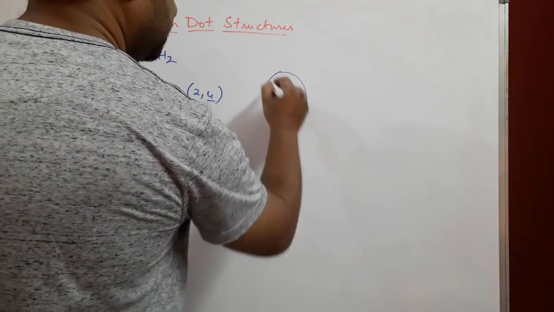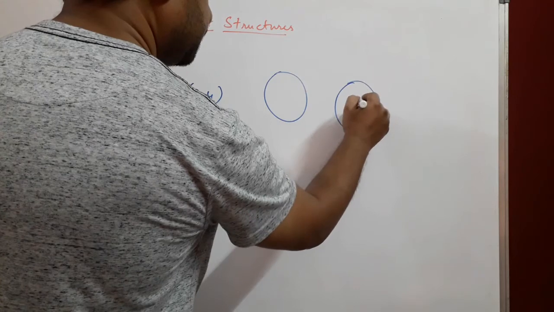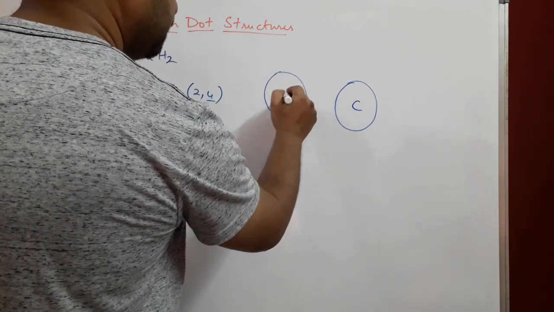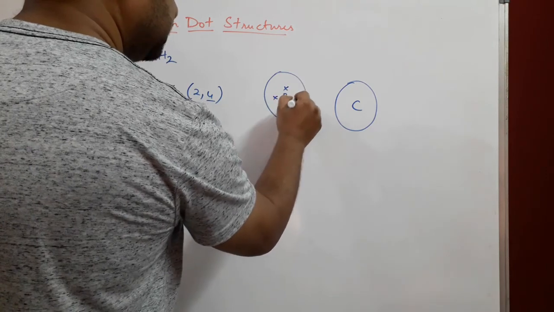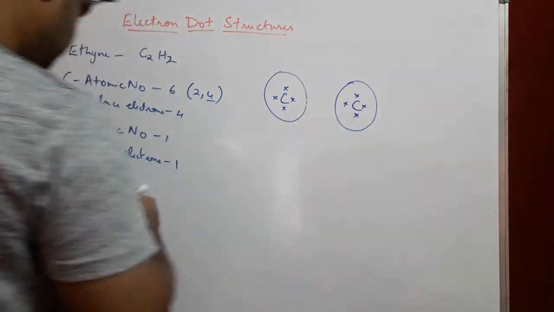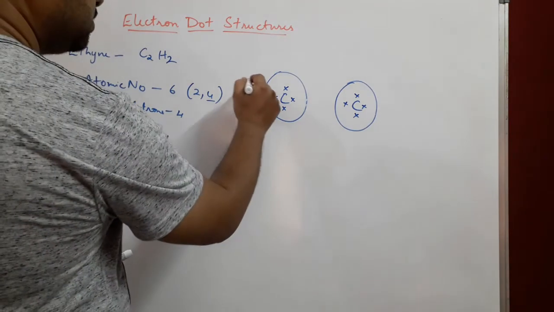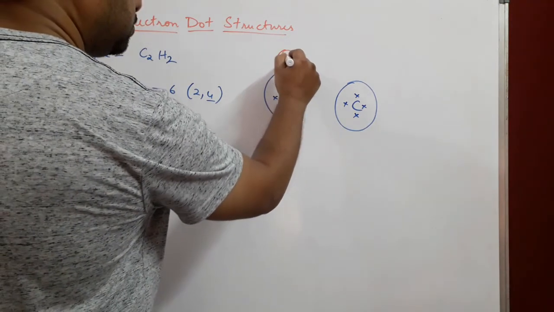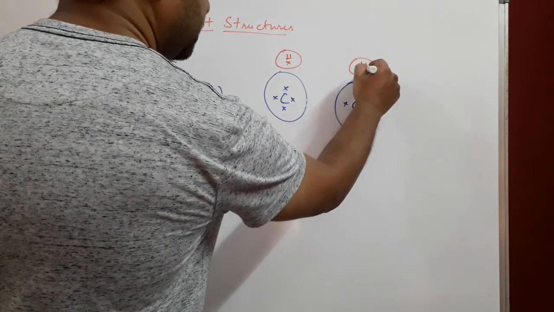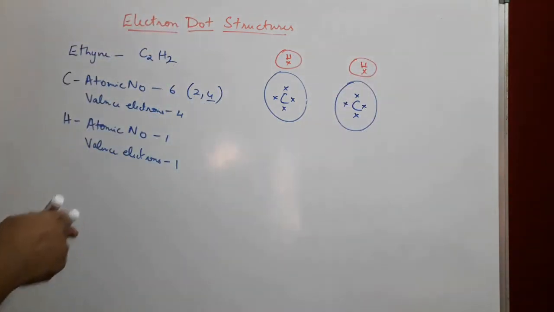We have 2 carbon atoms with 4 valence electrons each, this way, and we have only 2 hydrogen atoms with 1 electron each.